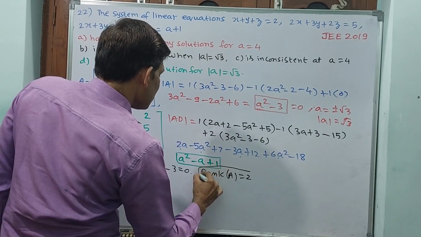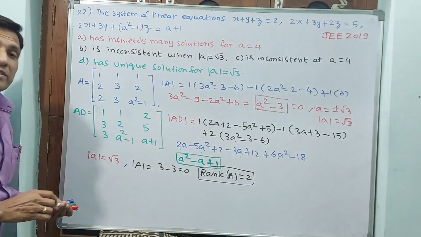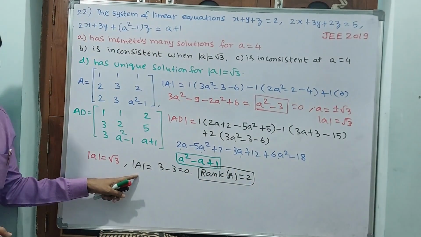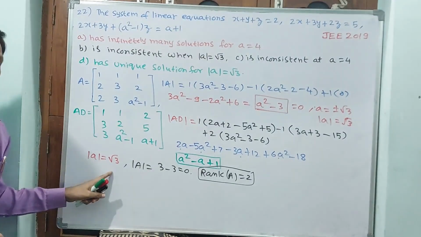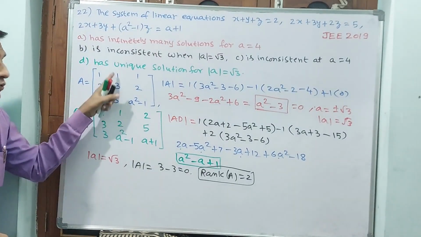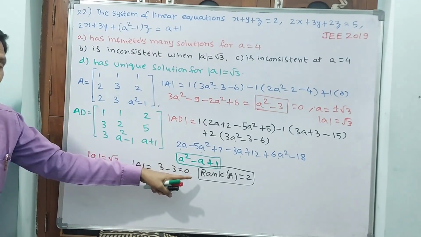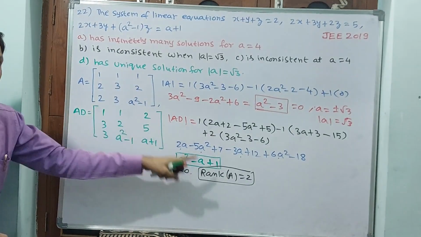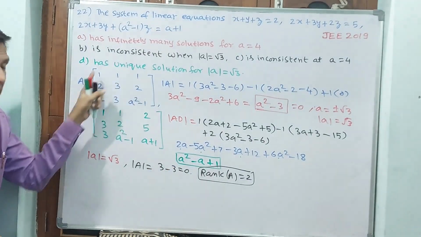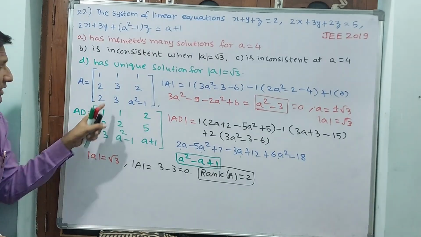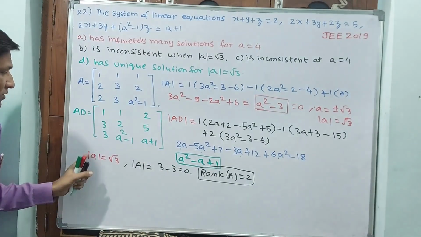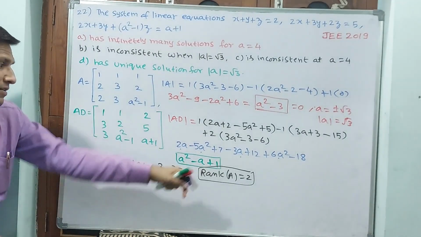This also I am boxing. Why rank 2 I have decided? Because see, overall determinant has come 0 at root 3. But inside if you go, submatrix has not given 0. That is why rank is going to become 2. Or else if all submatrix gives zeros, then rank is going to become 1. But now rank of A is 2.